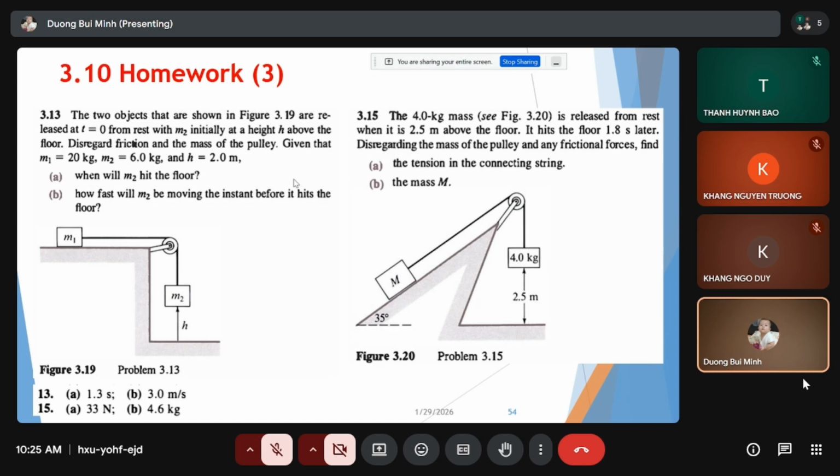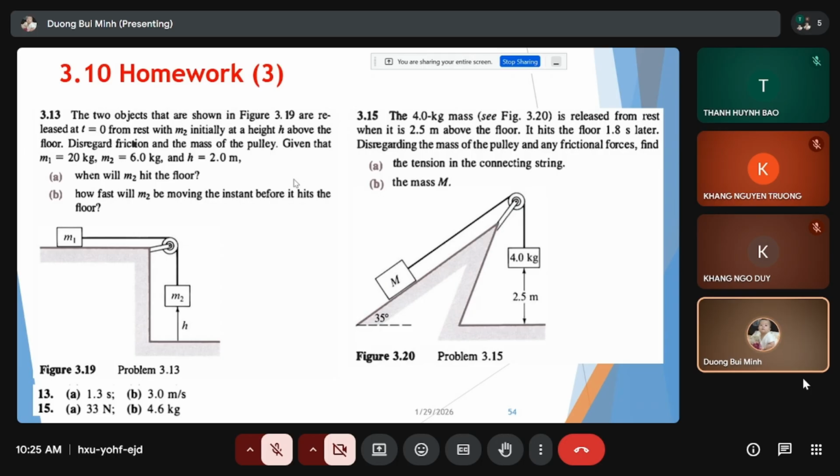Oh, he also calculated the normal force. That's okay. So here what do we get for x-axis? On the x-axis you get T in the same direction as x-axis. So T minus mg sine 35, right?